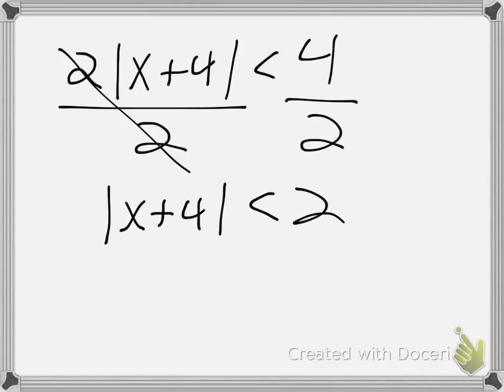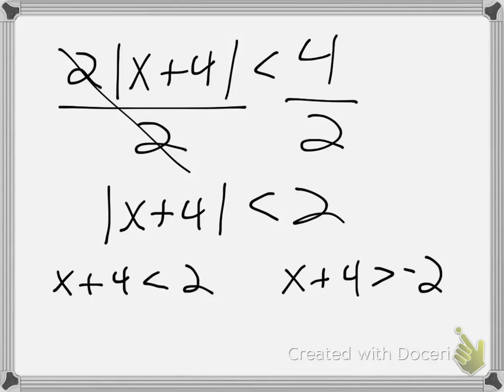Now what this is telling me is that x plus 4 has to be less than 2, and that x plus 4 has to be greater than -2.